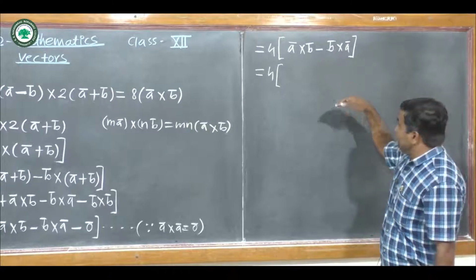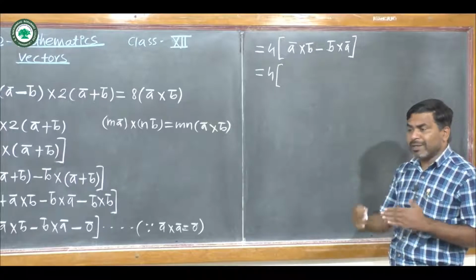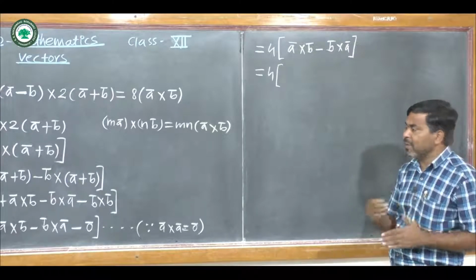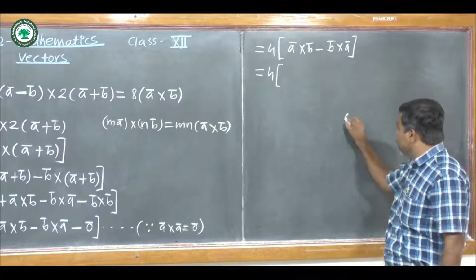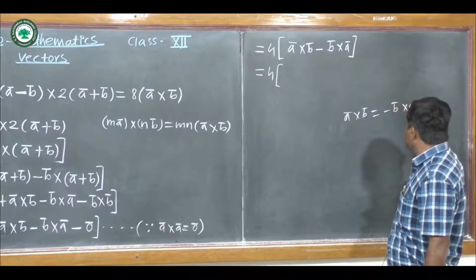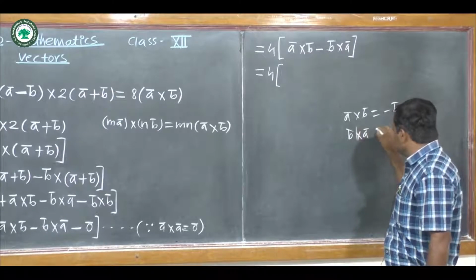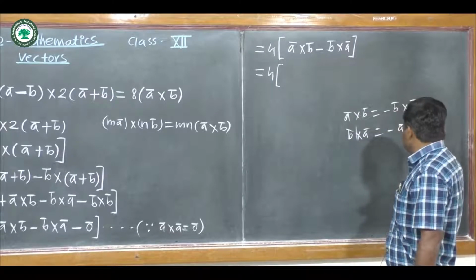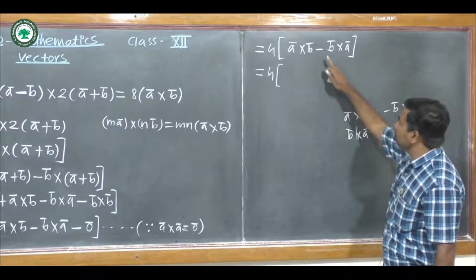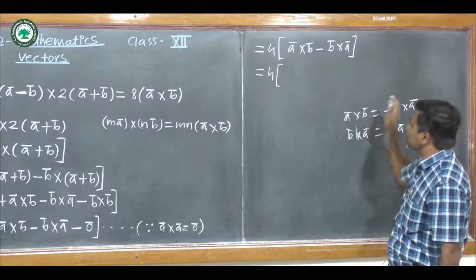See, we know that cross product is not commutative. Cross product is anti-commutative. Vector product is anti-commutative. It means that we have a bar cross b bar is equal to minus b bar cross a bar, or b bar cross a bar is equal to minus a bar cross b bar. Using this property, this minus b bar cross a bar is a bar cross b bar.